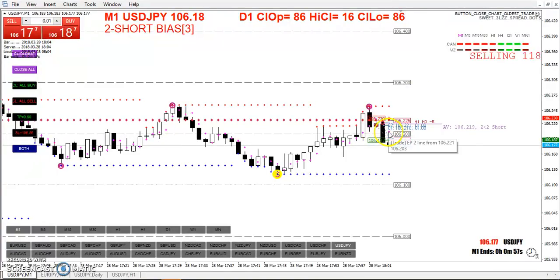Okay, it opened under the previous middle and it's going down. That's good. So now I'm going to get ready to close out the trade if it goes into buying mode.